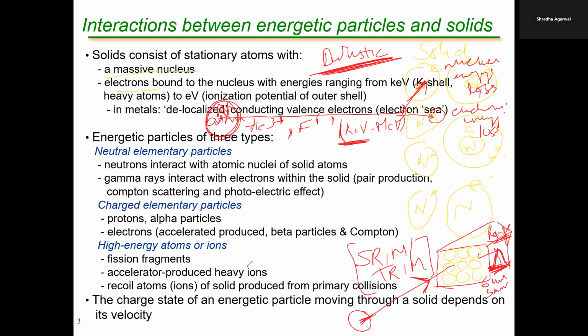In this simulation, you can select the incident particle, the solid it is bombarding, the energy of this ion, and where it stops, what kind of nuclear energy loss it has made, and what kind of electronic energy loss. This is the entire setup that you will do in SRIM.